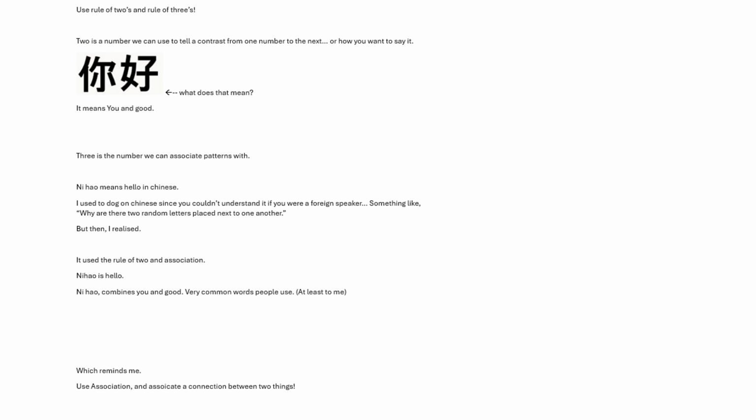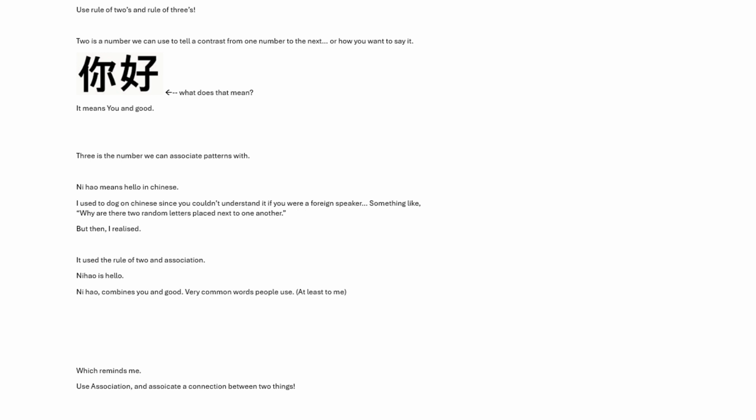But use the rule of 2s and 3s. Now, 2 is a number that you can tell is like a formula: 1 plus 2 is 3, something like that. But 2 is a number we can tell a contrast from, like a milestone from 1 to 100, 200.